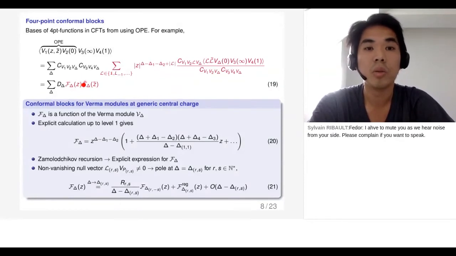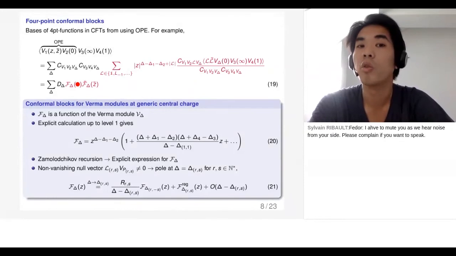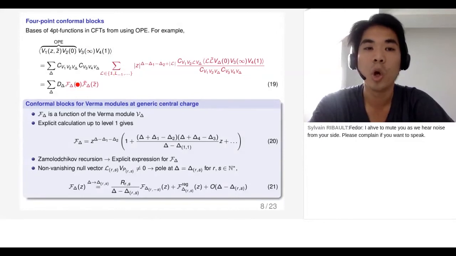And we shall be referring to this F delta here as the conformal block for Verma modules because they capture all the contribution from each Verma module to this 4-point function. Or more precisely, they are in fact a function of the Verma modules. And the coefficients D here we shall refer to as structure constants, which are just a product of these two 3-point function coefficients, and they only depend on the central charge.